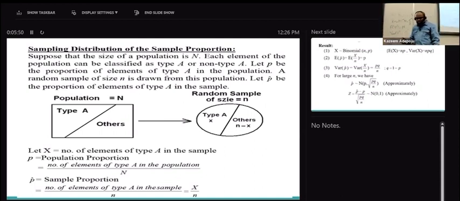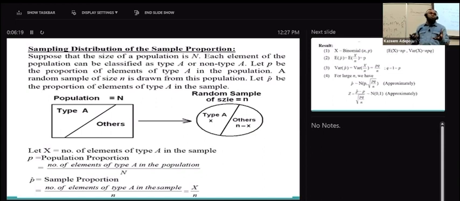But let me tell you this. When we are investigating, there are two common parameters that we normally investigate. In the last class, I said a parameter is any population characteristic value that we seek to determine, just like anything that we want to know.